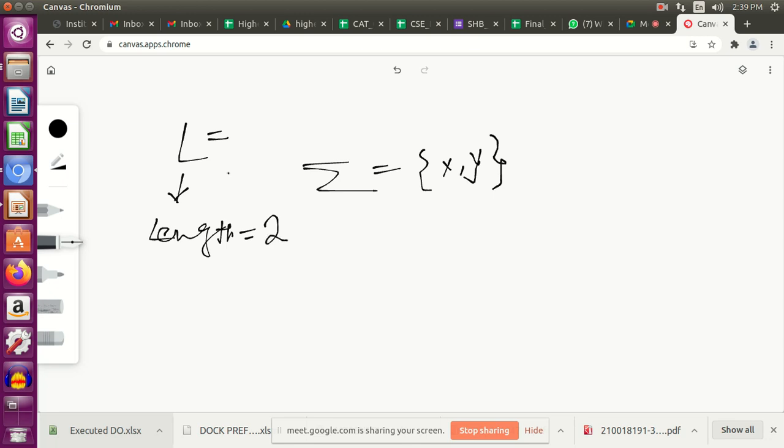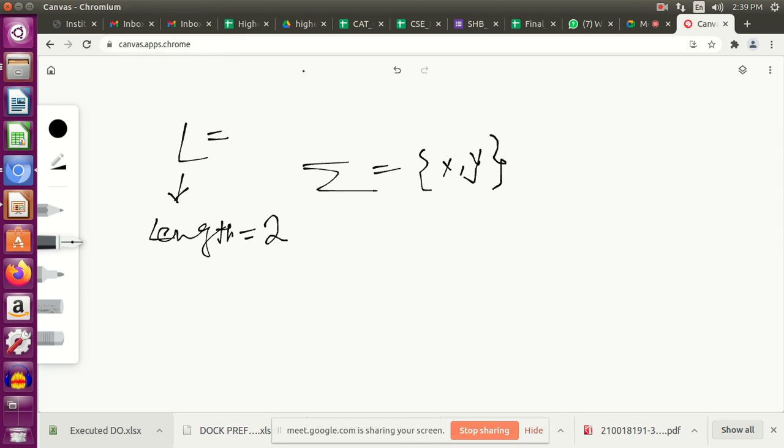So, my language is such a language over alphabet set X, Y, which will contain all the strings whose length is 2. This is how a language is defined in words, expressed in words. Okay, I repeat, my language is such a language over the alphabet set X, Y, that it will contain all the strings of length 2.